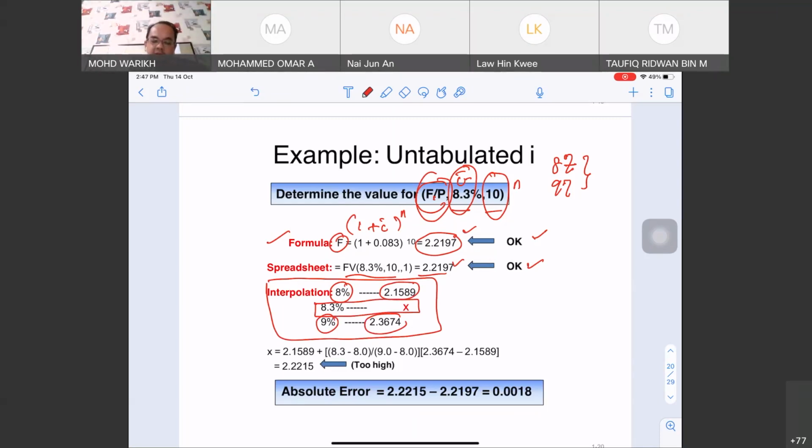So we just do the interpolation. Please use this step of interpolation from this one, and then you will get 2.2215.